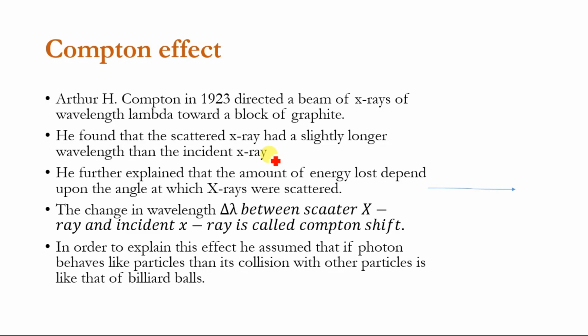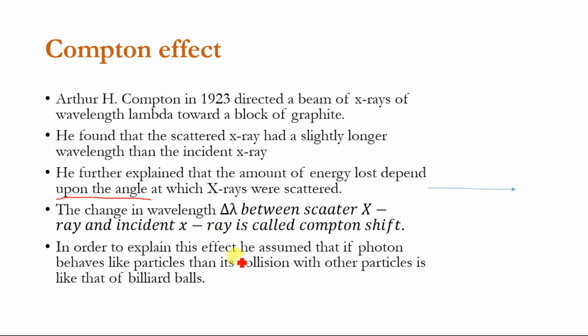He further explained that the amount of energy lost depends upon the angle at which the X-ray was scattered. The change in wavelength, delta lambda, between the scattered X-ray and the incident X-ray is called the Compton shift.